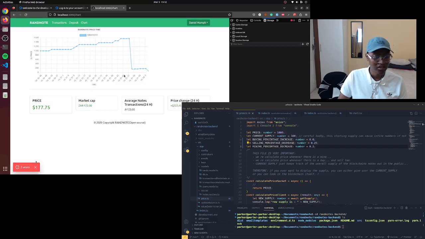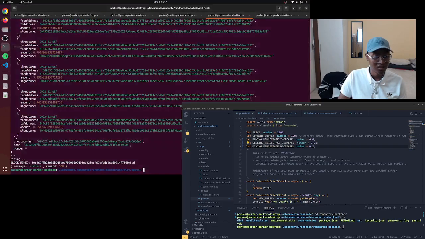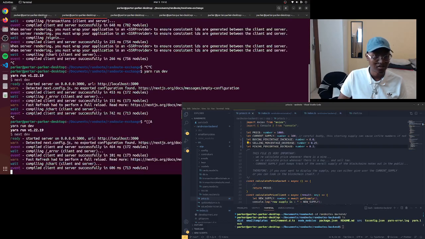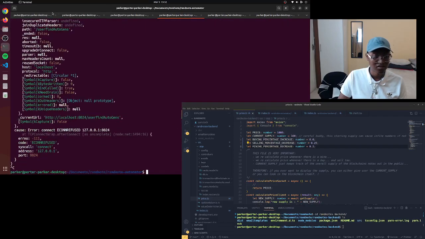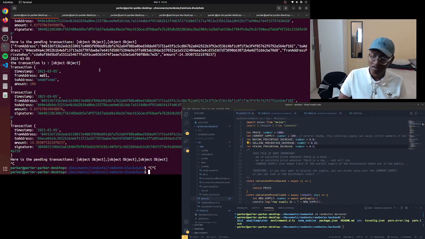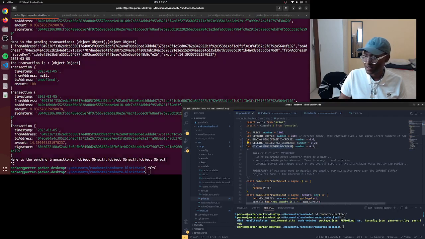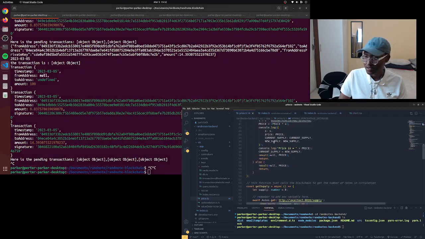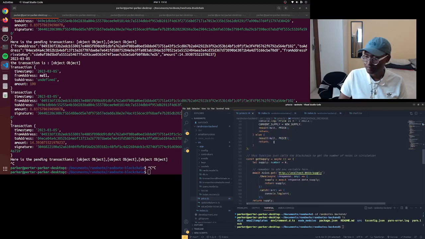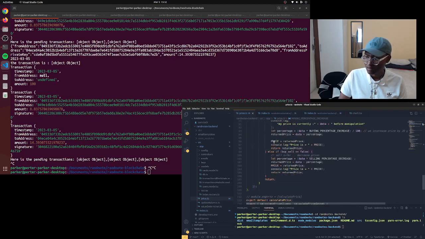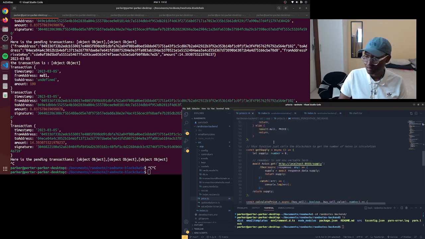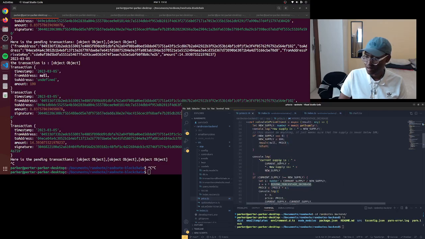I need to figure out how this mining shenanigans works, because I'm just gonna cancel this out, cancel this, cancel that. Mining percentage decrease, so current supply divided by.